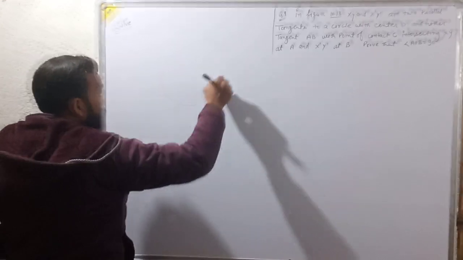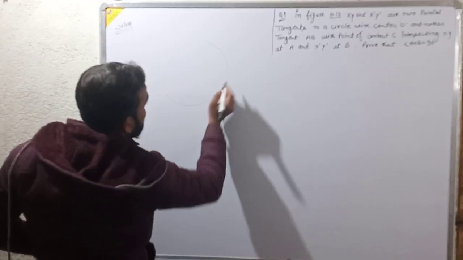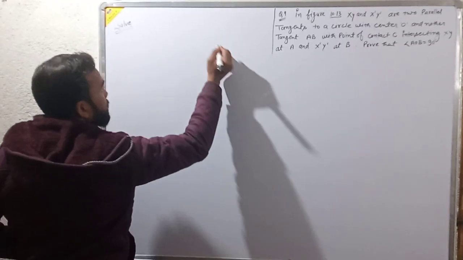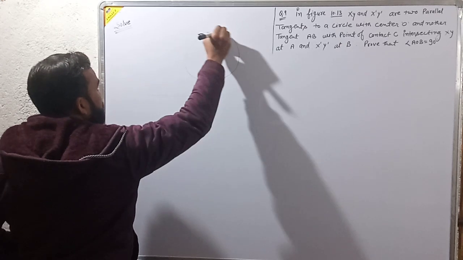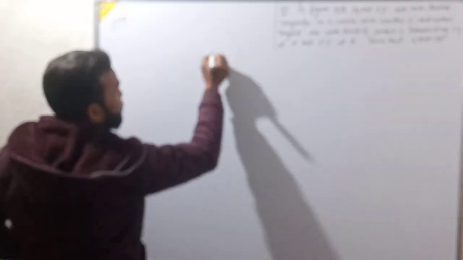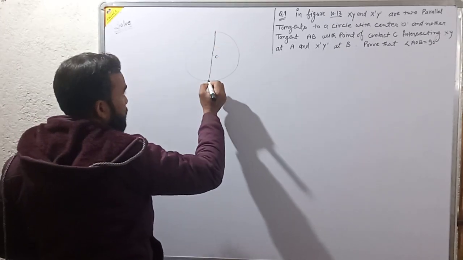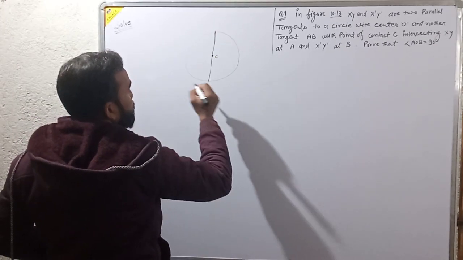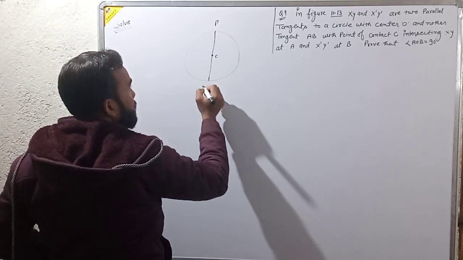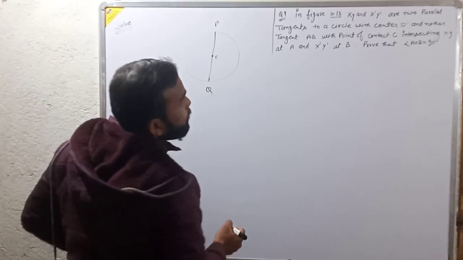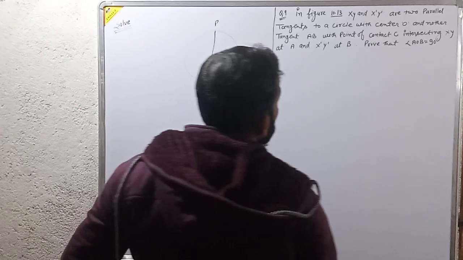Let me suppose this is the circle with center O, and this is a diameter PQ. Clear?